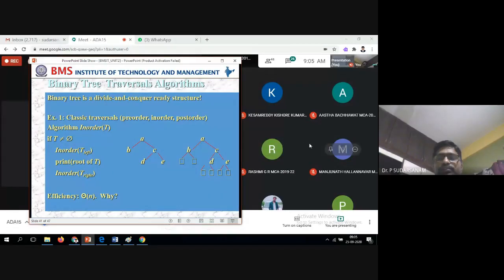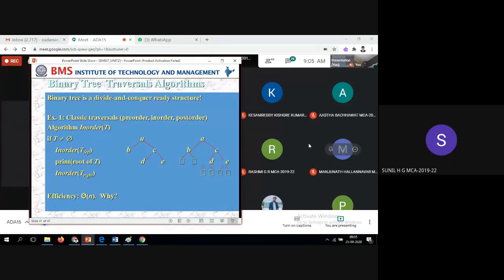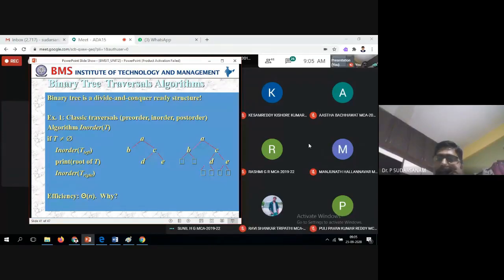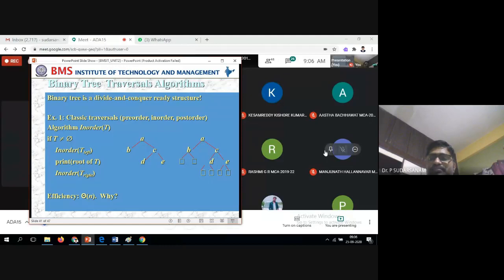Sir, that day you said we would discuss which is the best sorting technique. Still algorithms are there, heap sort is there, all these things. Now you tell me, selection sort time complexity is how much? Theta of n square only. Merge sort, the best case is nothing but theta of n log n.